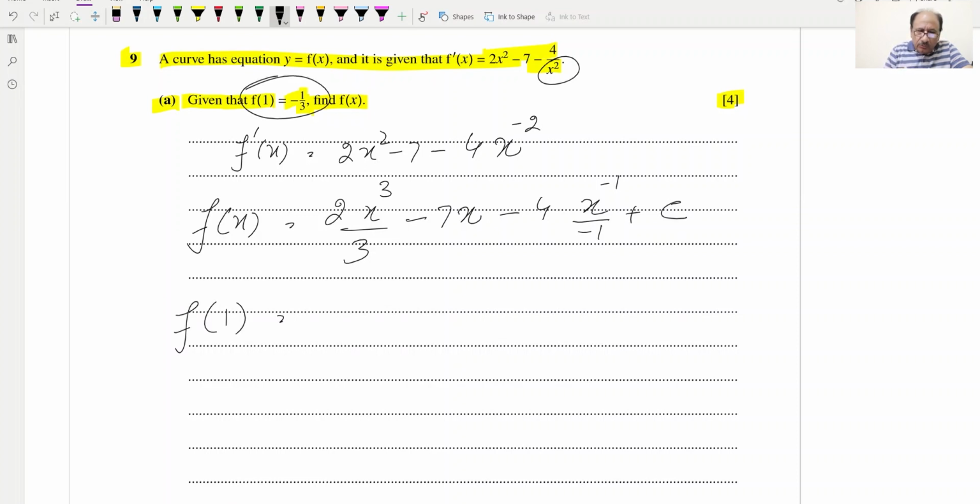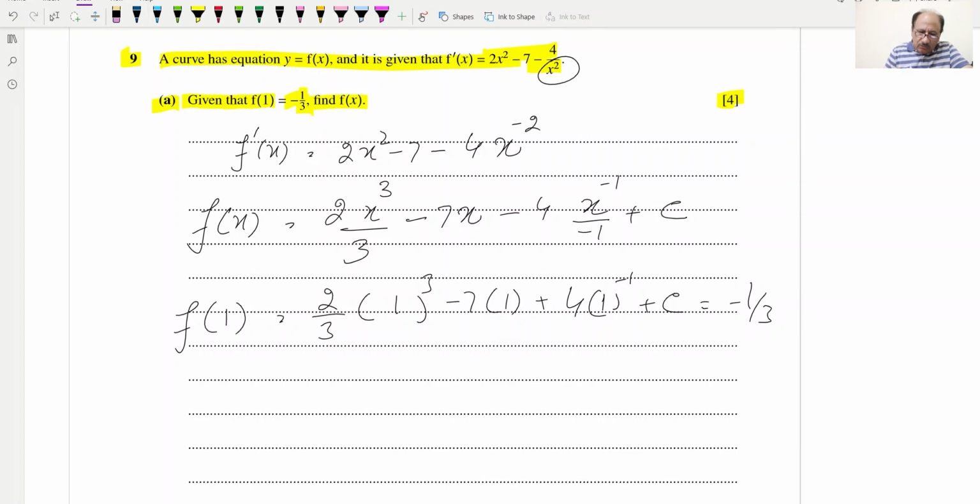f of 1 is equal to minus 1 by 3, so we can write 2 by 3 into 1 cubed. f of 1, sorry, not minus 1, it should be 1 here, and then we will equate it to minus 1 by 3. So it will be minus 7 into 1 minus 4, minus this minus will change to plus, so 4 and 1 raised to minus 1, plus c, and we know this is equal to minus 1 by 3, which is provided.